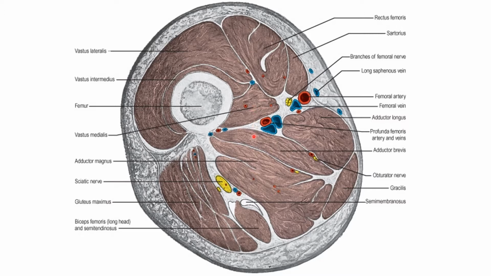So it lies between the vastus medialis and the adductor muscles. On the exterior aspect, it is attached to the fascia lata, and on the anterior it is attached to the linea aspera of the femur.